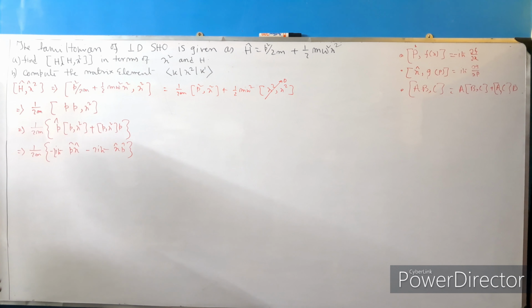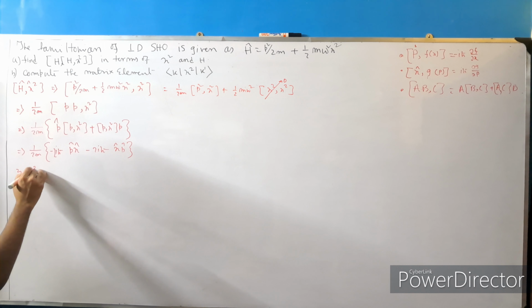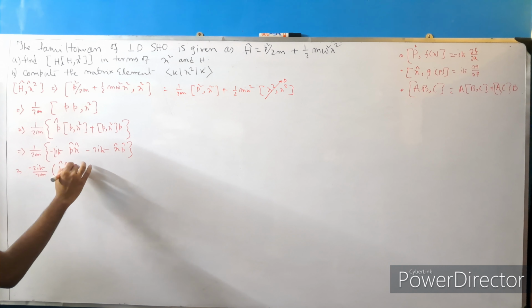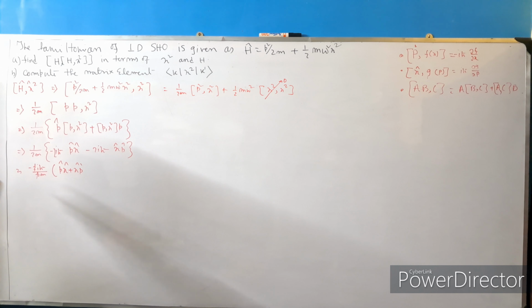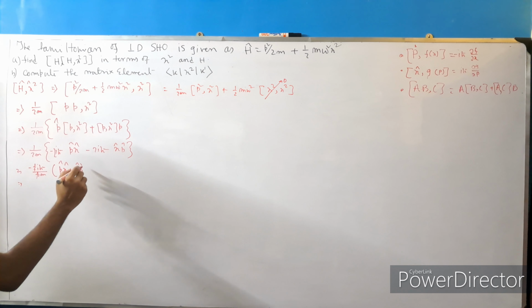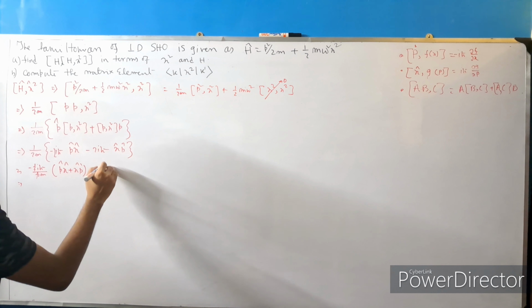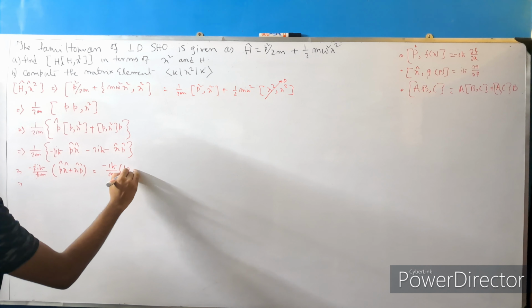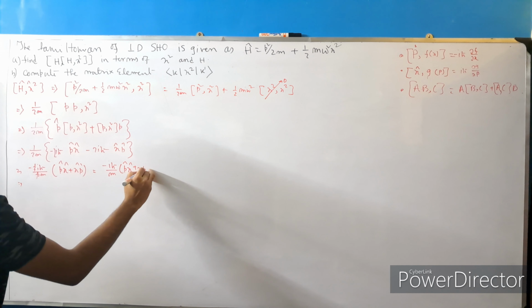Now if I take the minus 2i h-cut common, I will get px plus xp. The 2 will get cancelled out. And if I take the minus down here and write it as i squared, so then I can write, let us leave it like this, we don't have to make that much modification: i h-cut by m, px plus xp.